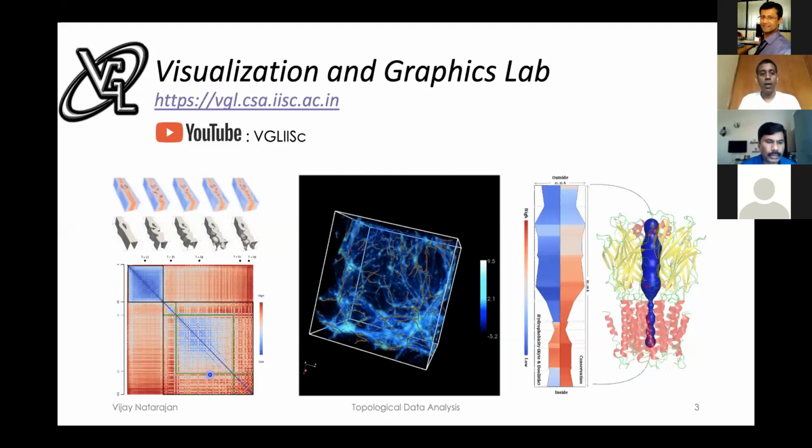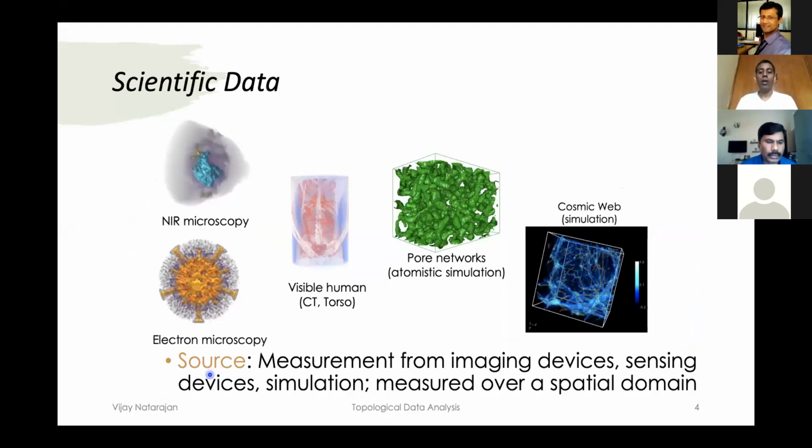So let's start with a discussion of what data means in this context. I'm going to be talking about scientific data. Scientific data is data that comes with a geometric context. Let's try to understand this with examples. On the left top, you see an image of a near infrared microscope of a tumor in a breast.